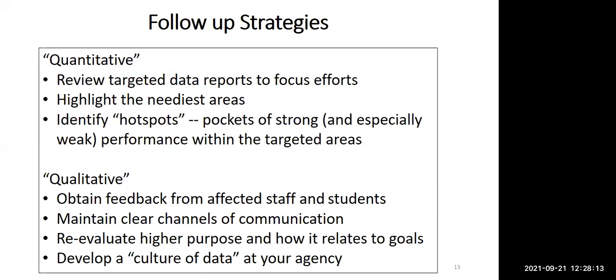You're looking for where you find those really strong areas and those really weak areas, and figuring out which classes are strong and which ones are weak, which programs, which students, which federal levels, and so on.